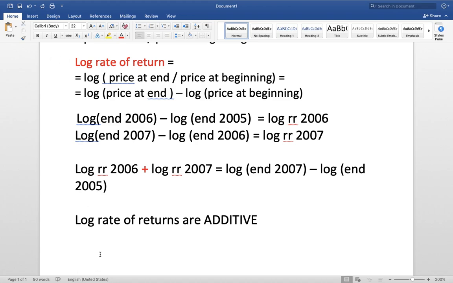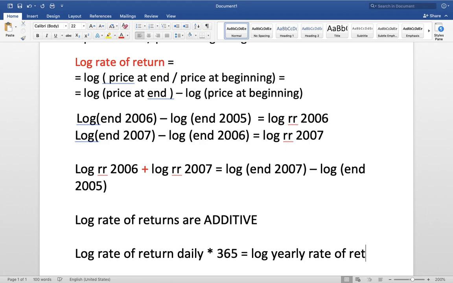There is a very handy formula which converts the daily rate of return into a yearly one. If it is log, the formula is very easy. If you have a daily rate of return, you just multiply it by 365 and you get the log yearly rate of return.